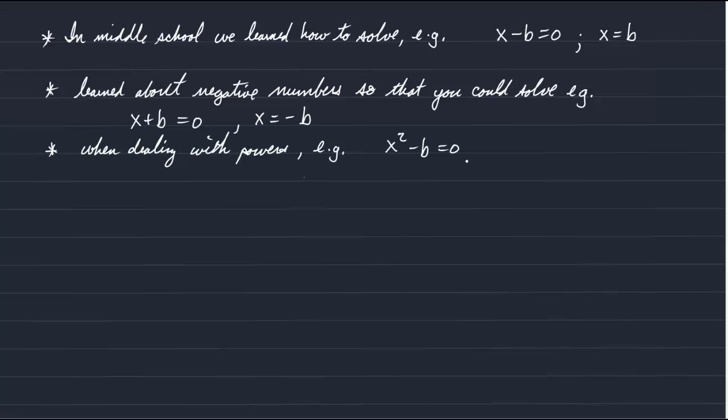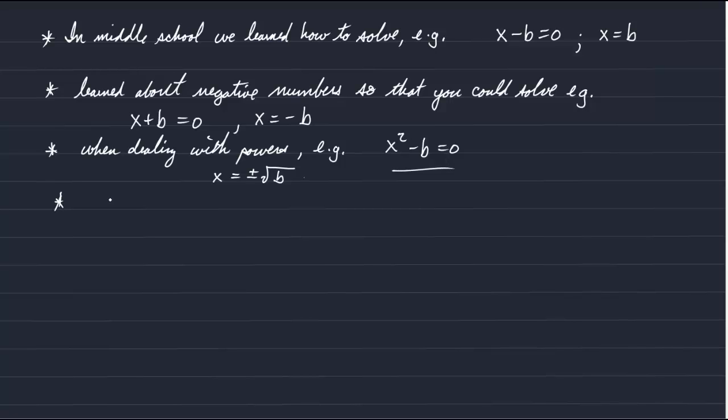You learned that this equation could be solved by taking the square root of b, for example. So x is equal to plus and minus the square root of b. So we learned about taking the square root or the nth root of numbers to solve these sorts of equations.